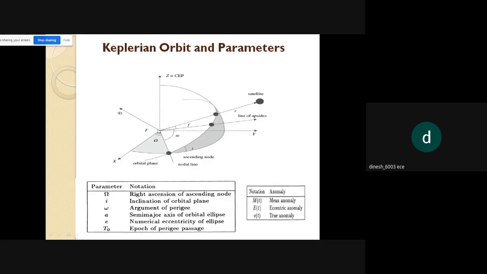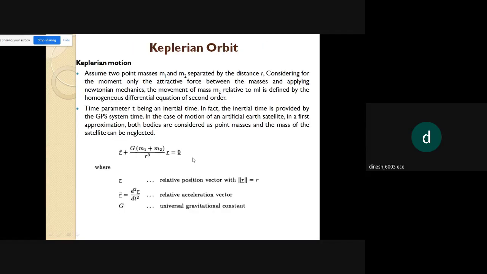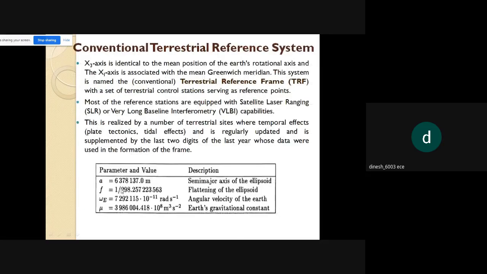Consider this is the point, the center. From here we are placing a satellite in space at a minimum distance of 36,000 kilometers from the Earth's surface. We have 3 planes, X plane, Y plane and Z plane. f is the flattening, where the flattening of the ellipsoid is determined by 1 over 298.25722353, and a, the semi-major axis of the ellipsoid, is being considered.